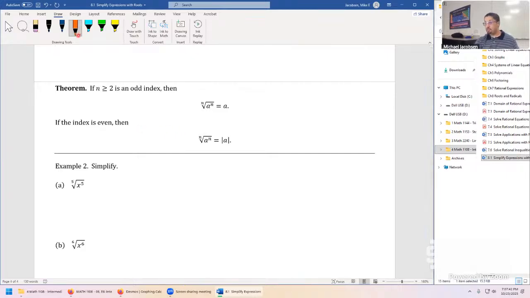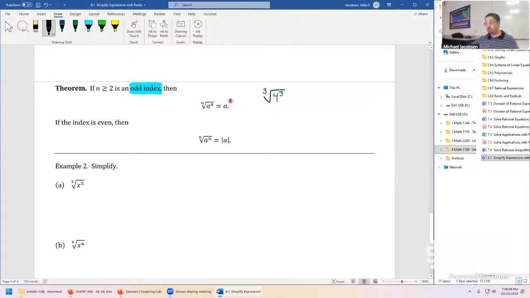And there's a couple quick examples we can do just to see how it works. For example, the first one is for an odd index. So let's say we're taking the cube root of 4 to the power 3. Well, there's a couple ways you could do this one.